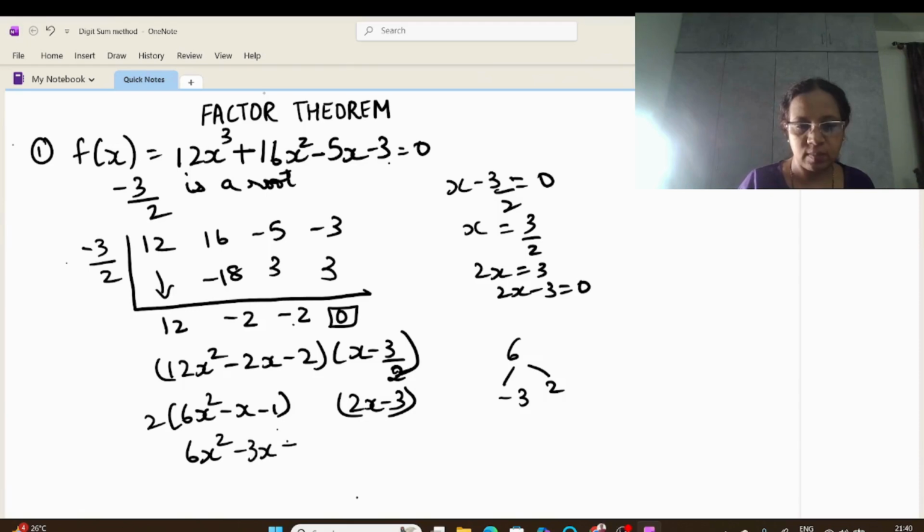Minus 3x plus 2x minus 1. Here there is a 2 and 2x minus 3, let's not forget that. So 6x squared minus 3x plus 2x minus 1.